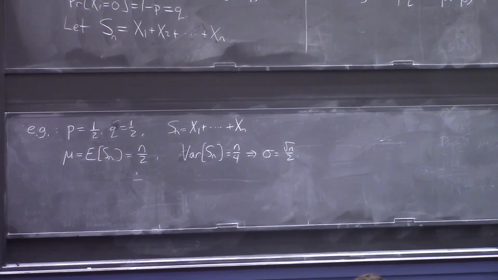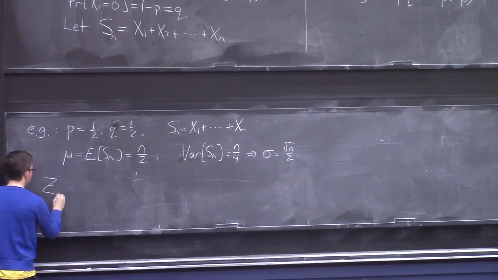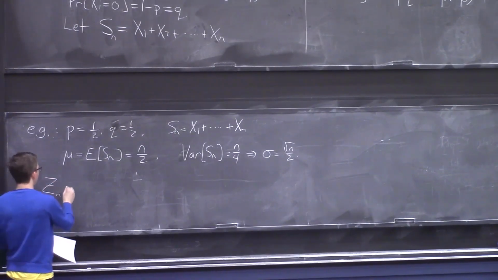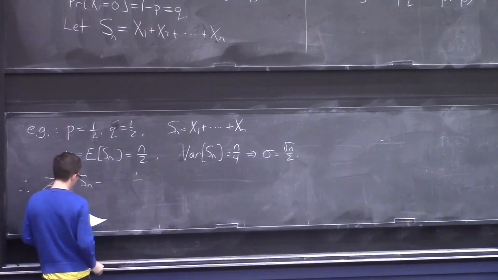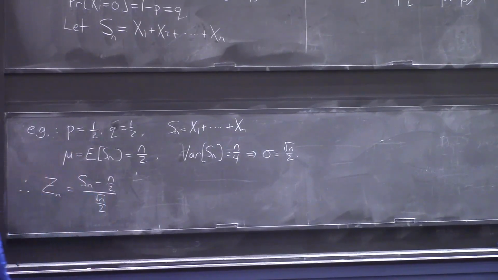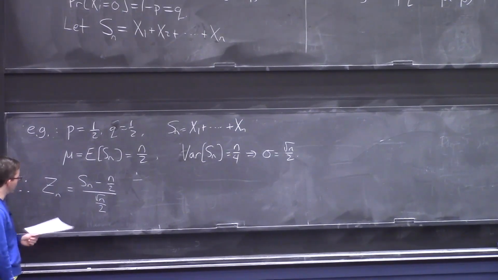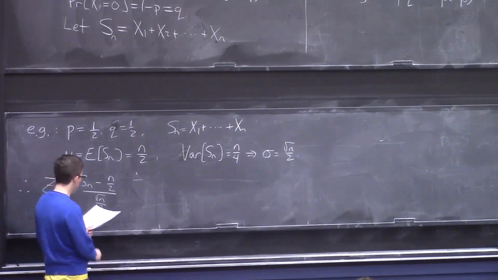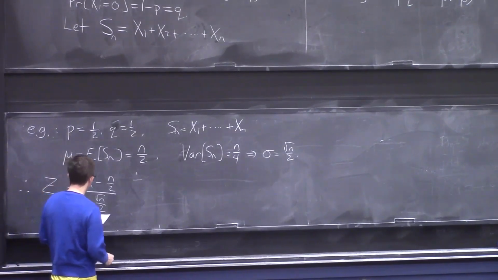Okay, so now this life pro tip told us that this Sn is fine, but we should really maybe standardize and look at, I'll call it Z sub n, which is S sub n minus n over 2, over root n over 2.